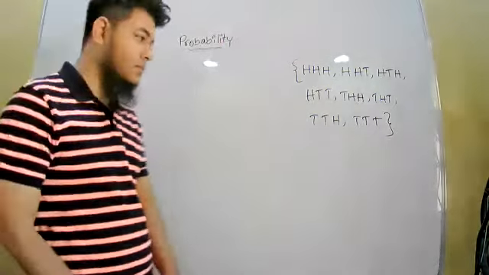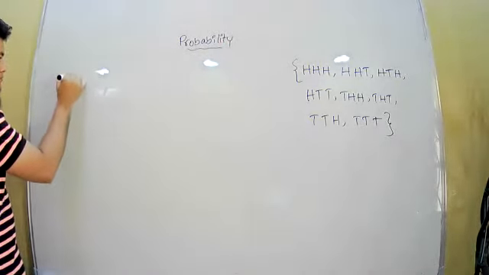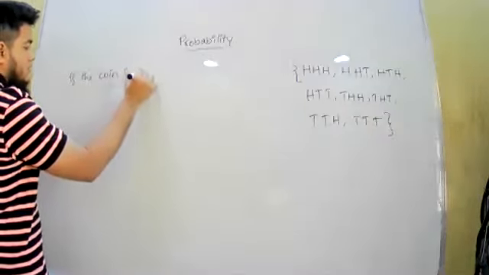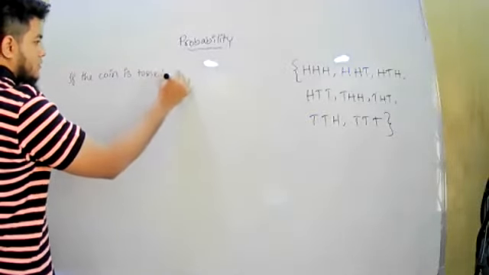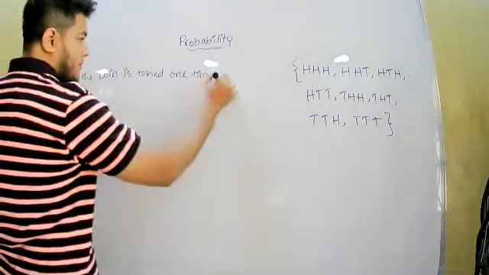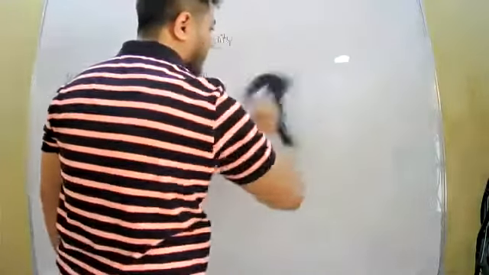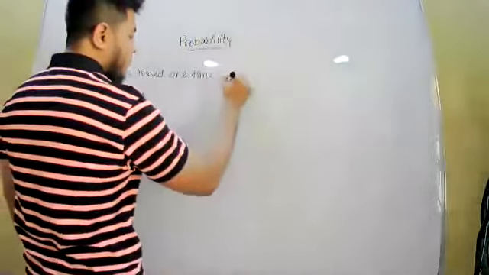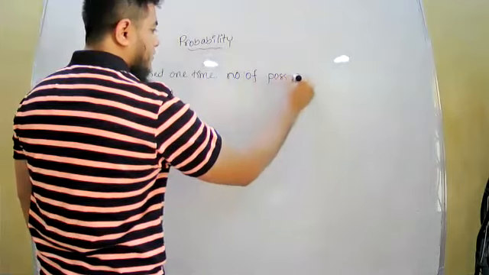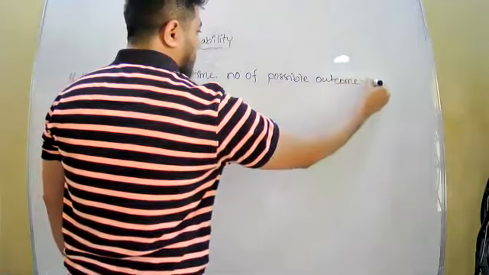We will see. If I toss the coin one time, if the coin is tossed one time, number of possible outcome is equal to 2.